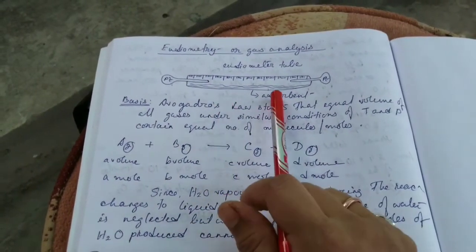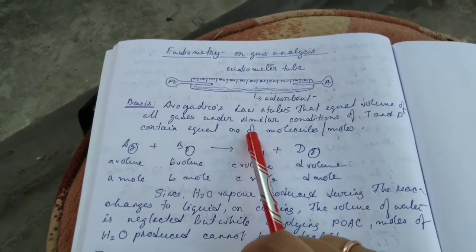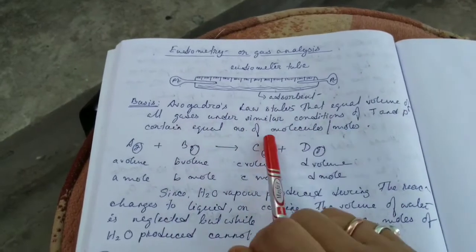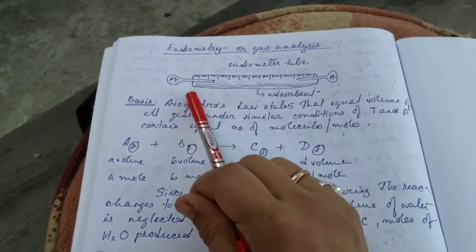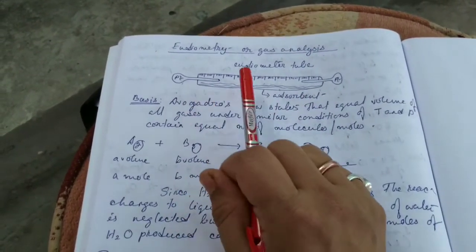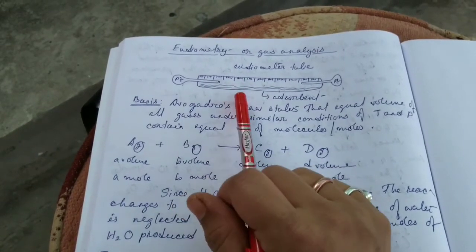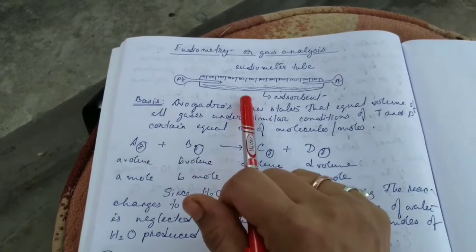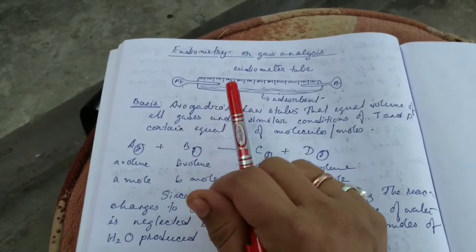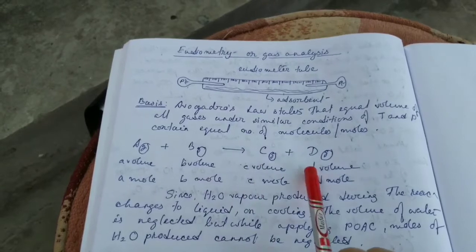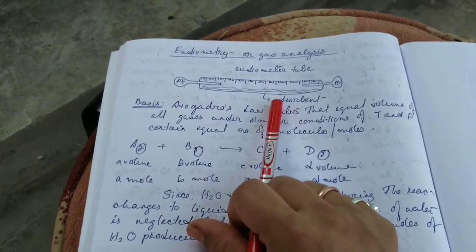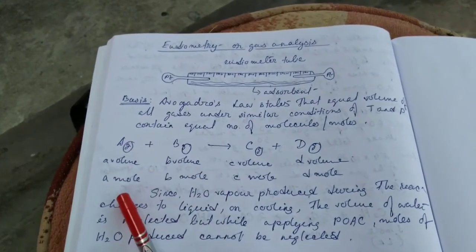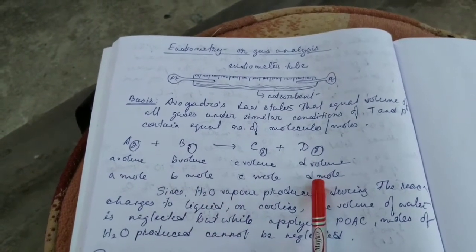these reactions are carried out in this way, and the calculations are also done in this way. Actually, what we can measure in this case is only the volume of the gases. In this case, how much volume of A and B were inserted, and how much volume of C and D have been produced, but we will convert this volume to the corresponding moles.